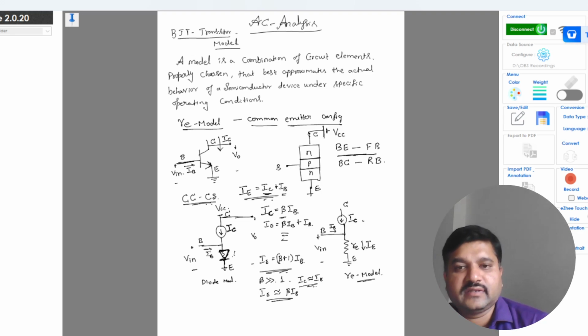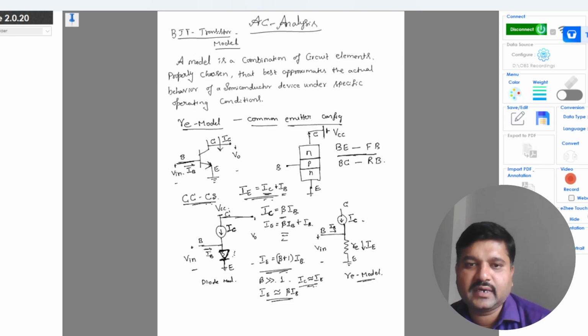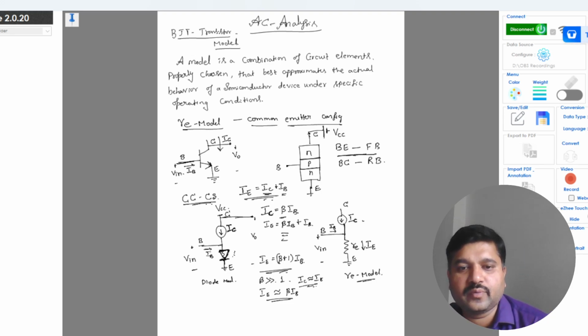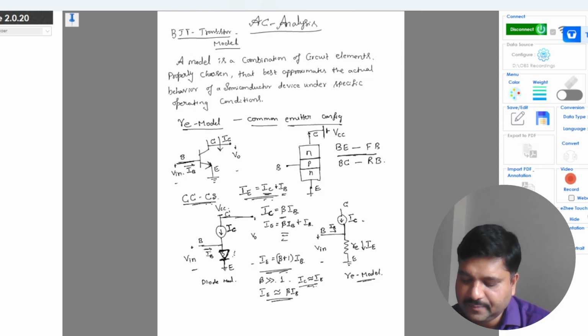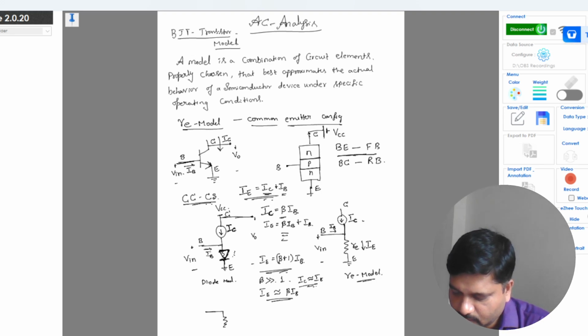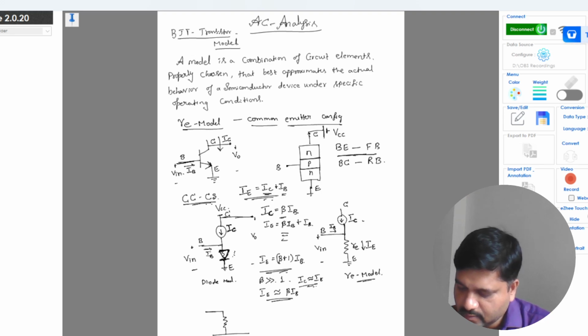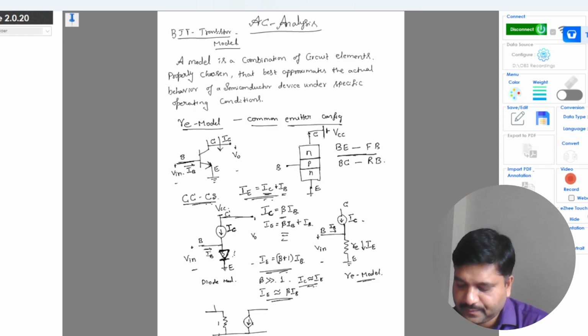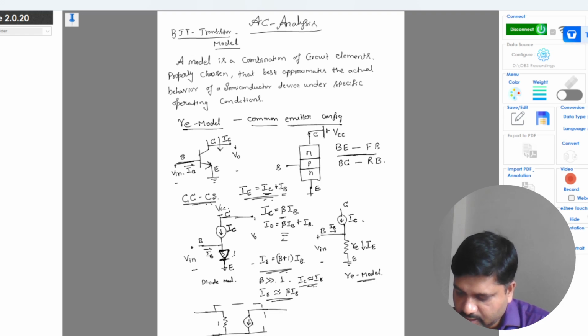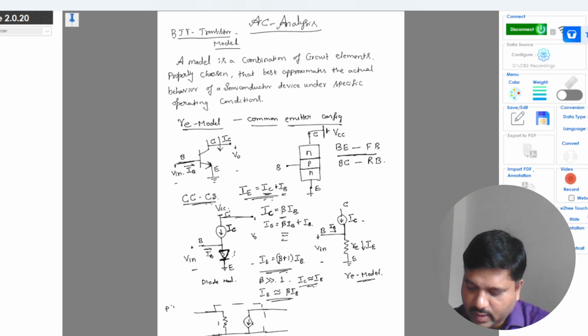Now to do the AC analysis, we have to represent this in a two-port network. A two-port network basically consists of two ports, the input port and the output port. So we are going to represent this in a two-port network like this. This is my input port, port 1, and this is my output port, port 2.